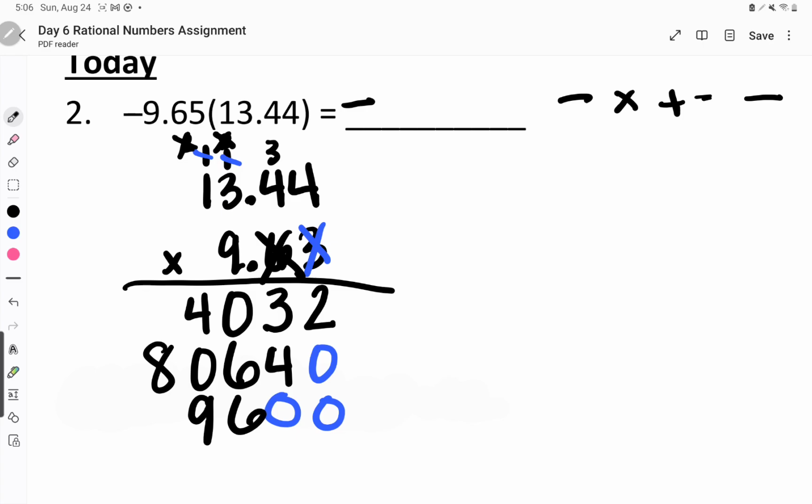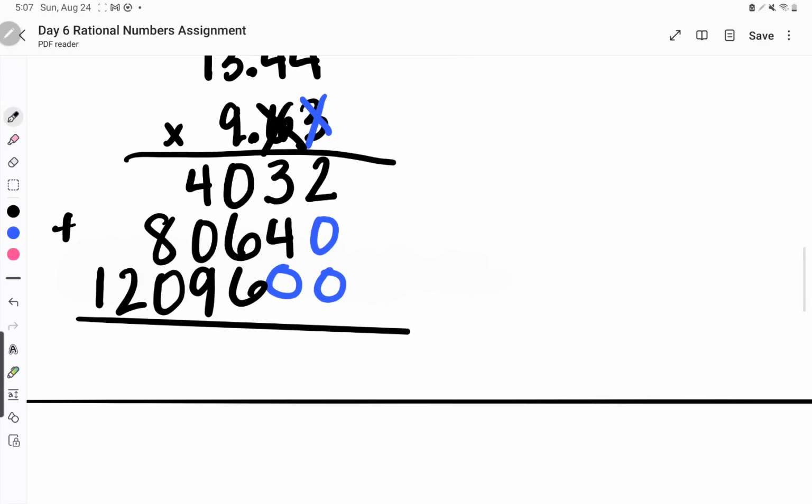So I write down a 9, and I carry my 3. Now I have 9 times 3. 9 times 3 is 27, and then plus 3 gives me 30. So I write down a 0 and carry my 3. And then I have 9 times 1. 9 times 1 is 9, plus 3 gives me 12.